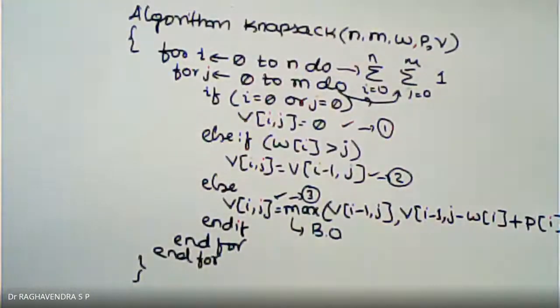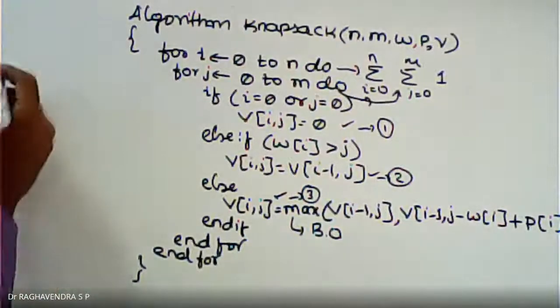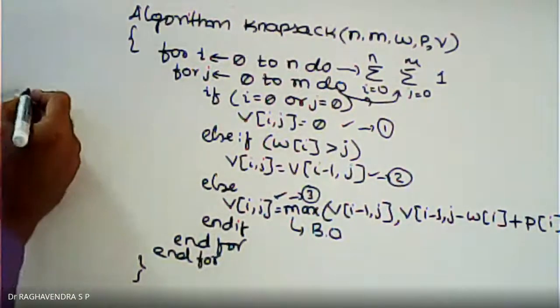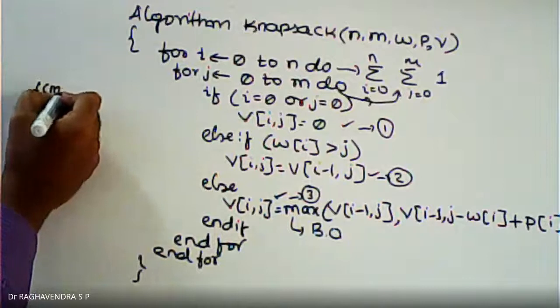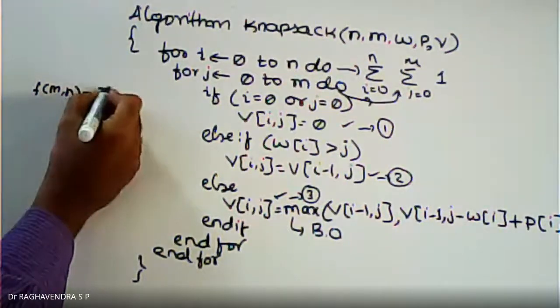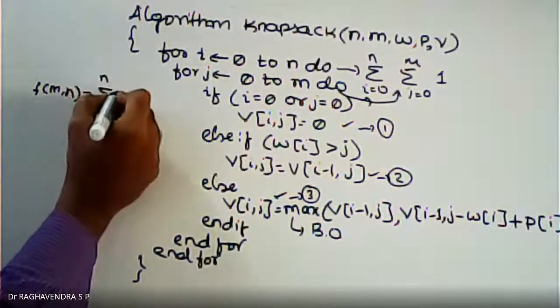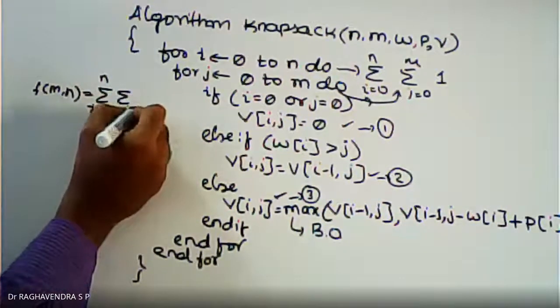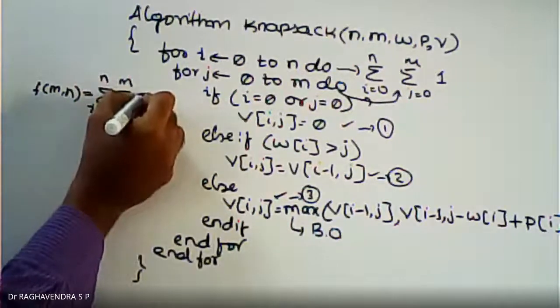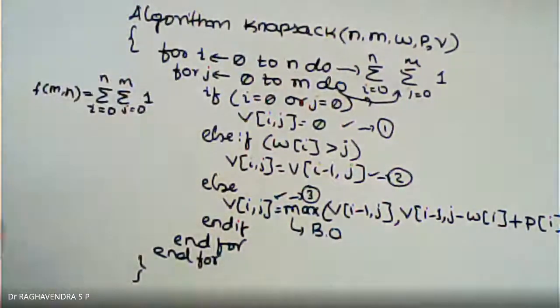Okay, so now we have to find out the analysis part. So if you take this f of m comma n, that is analysis, equals sigma I equals 0 to n, sigma j equals 0 to m, 1. Then you apply the formula.